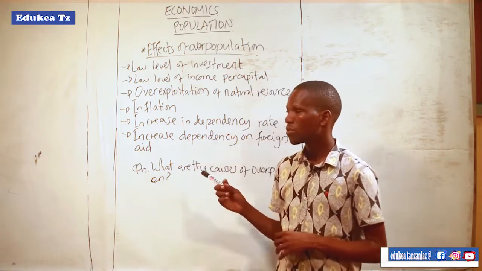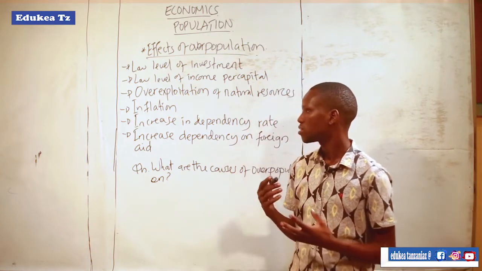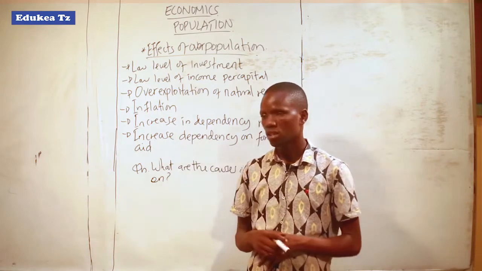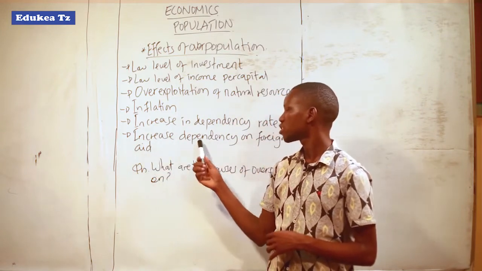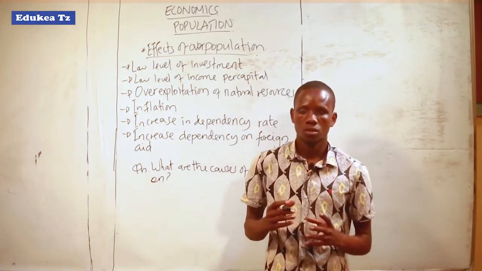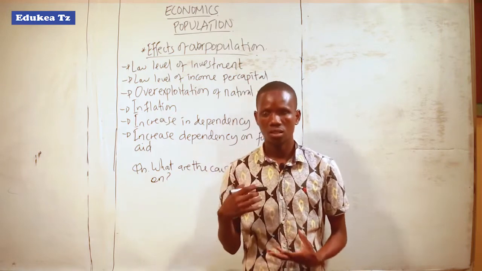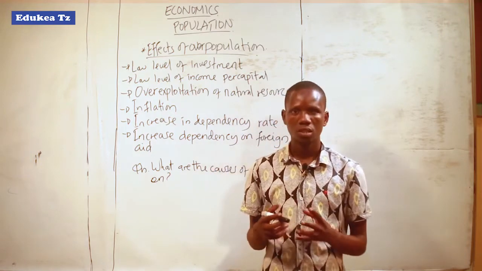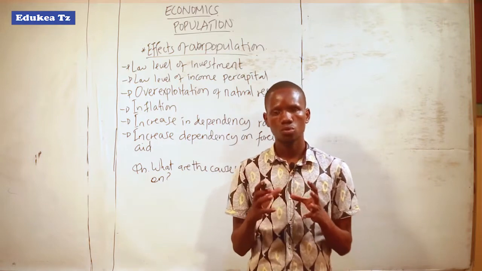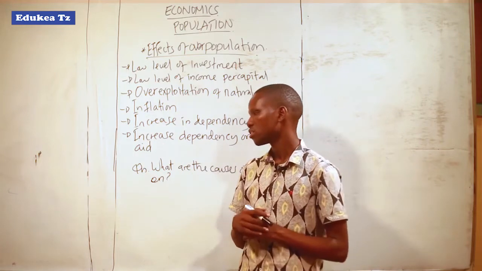So the area with overpopulation has a low supply of goods and services, so there must be dependence on other areas. This leads to an increase in dependence rate in the area. Also, there is increased dependence on foreign aid. Foreign aid can be in different forms, for example capital, so that it will be used to utilize the available resources to produce more goods than when they use their own capital, which may be in shortage or not enough to run the available capital to produce goods and services that will match the size of the population.